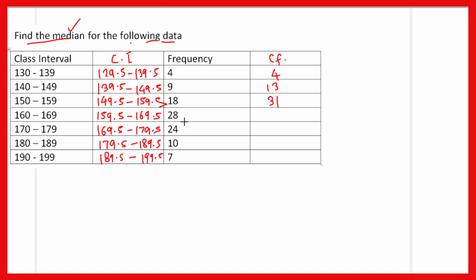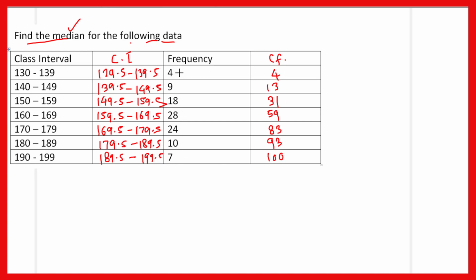Then 31 and 28, that will be 59. Then 59 and 24, that will be 83. Then this 83 and 10, that will be 93. And 93 plus 7, that will be 100. And so here we have got the cumulative frequency.